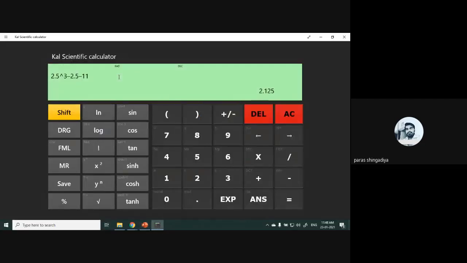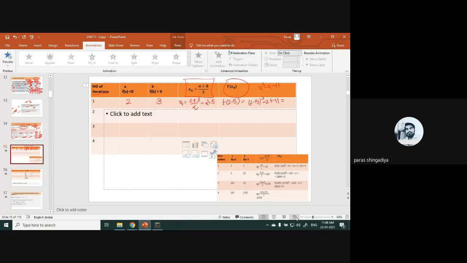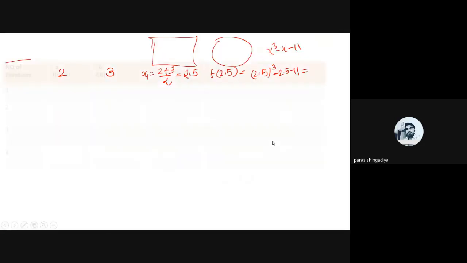So what is this answer? 2.125. Are you all getting it or not? Yes. Okay, good.